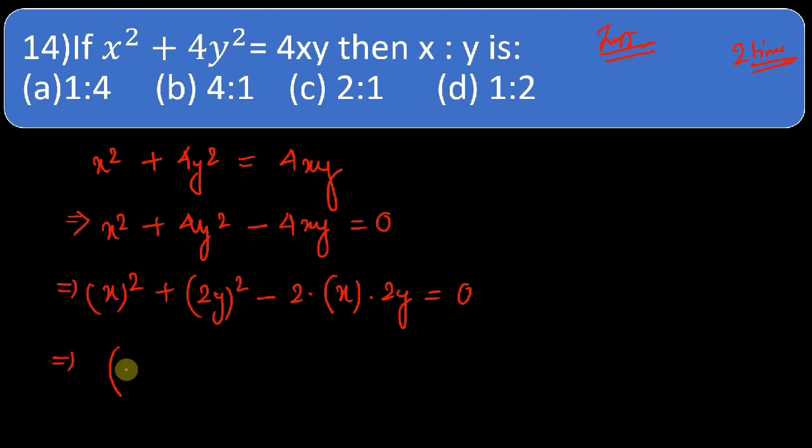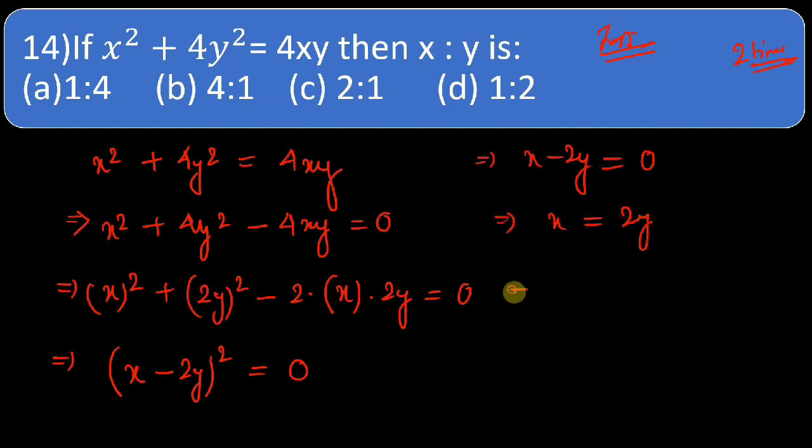So this is in the form of x minus 2y whole square, which is equal to 0. Then we get x minus 2y equals to 0, x equals to 2y, and from there we get x by y equals to 2 by 1, and x is to y is 2:1.